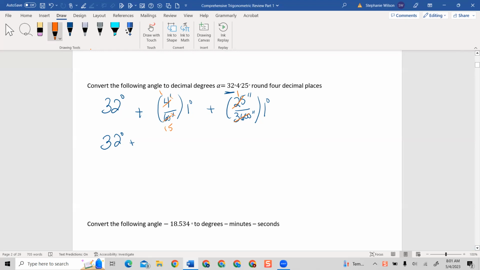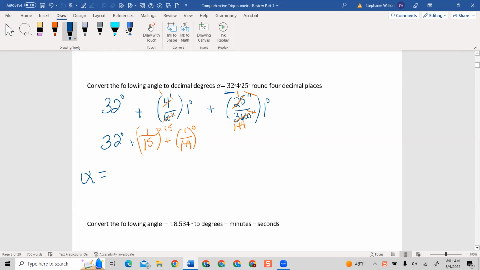Yes, 144. All right, and of course the seconds reduce out. So now I have 1/15 degree plus I have 1/144 degrees.